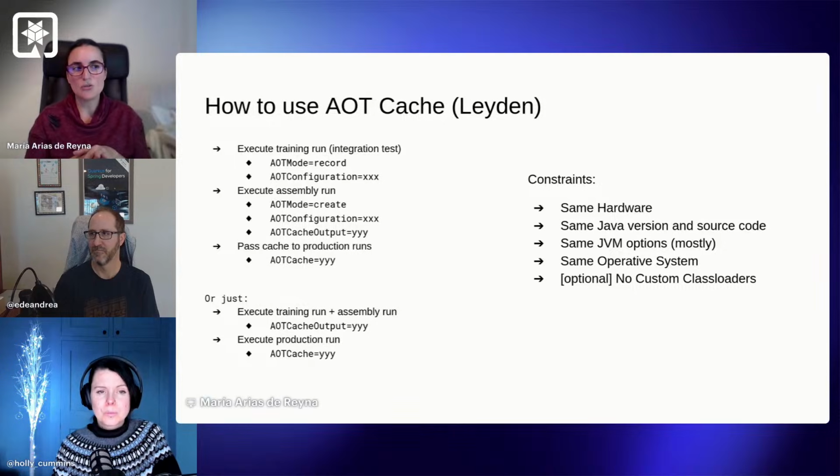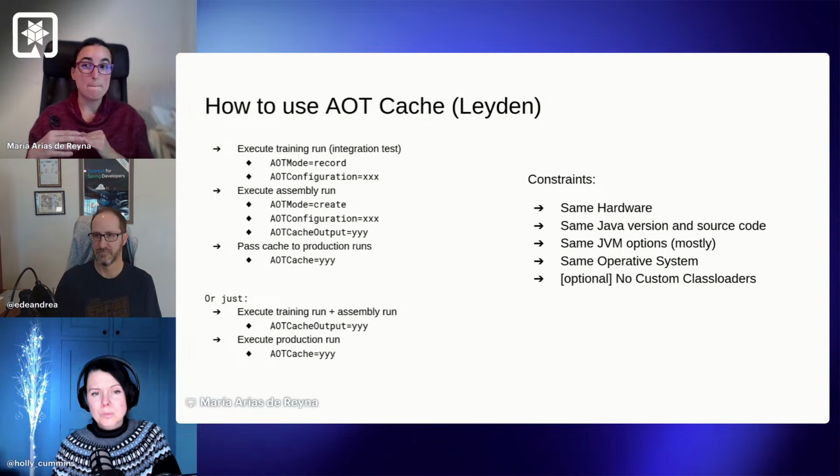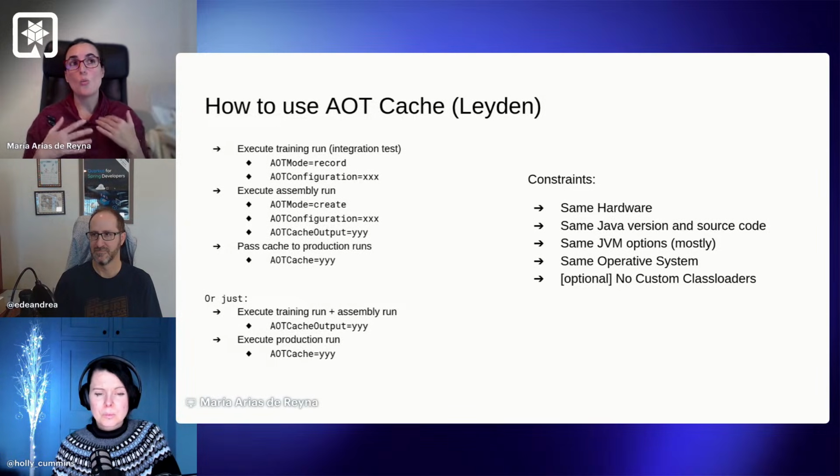So the moment you start adding things that have been loaded by a custom class loader, maybe there's some malicious code that can get inside, and so on. So it's not that we are not going to support that, it's that we don't support that yet.